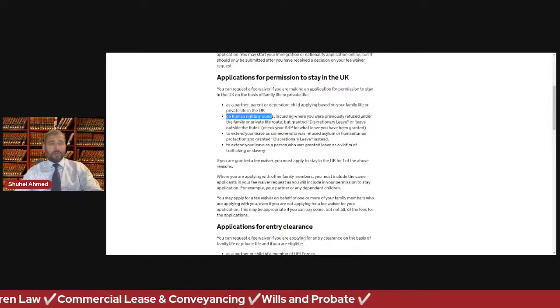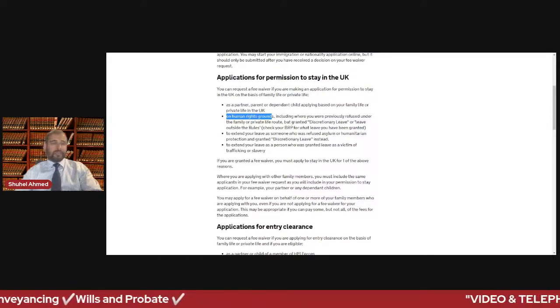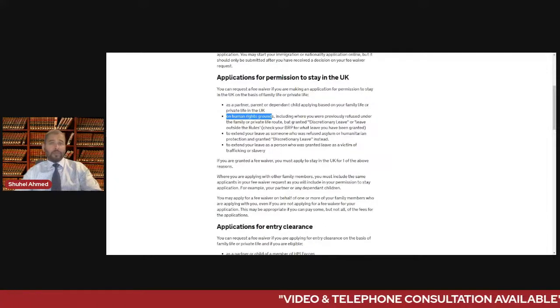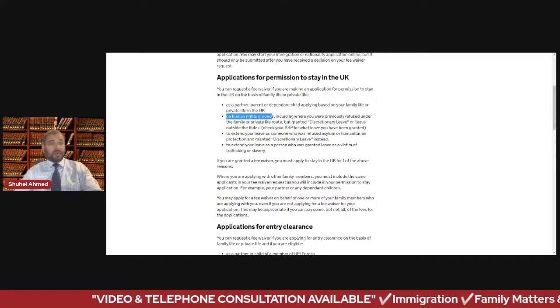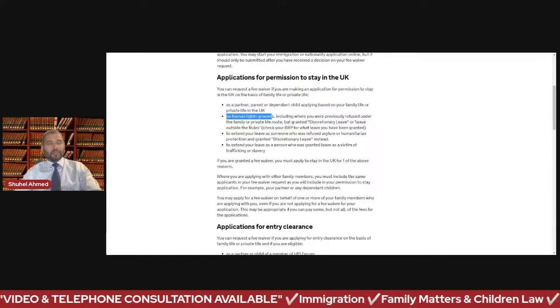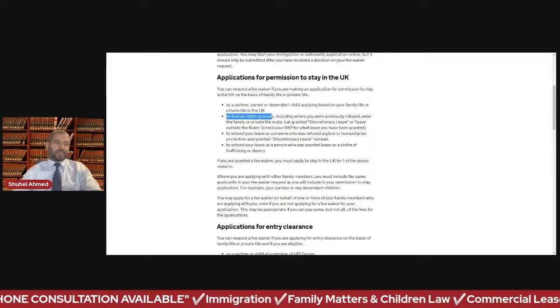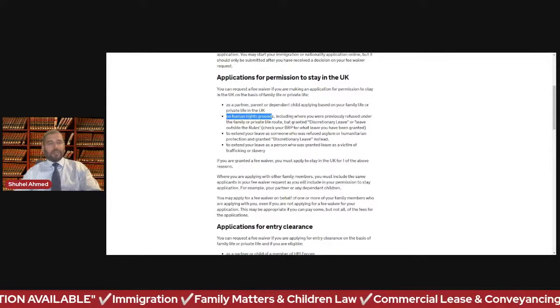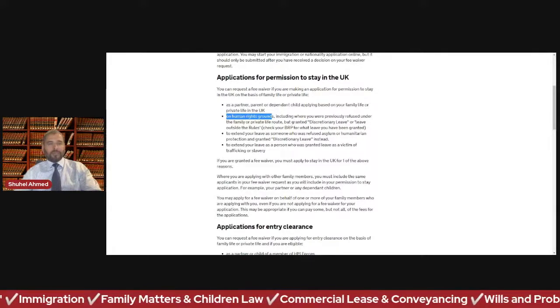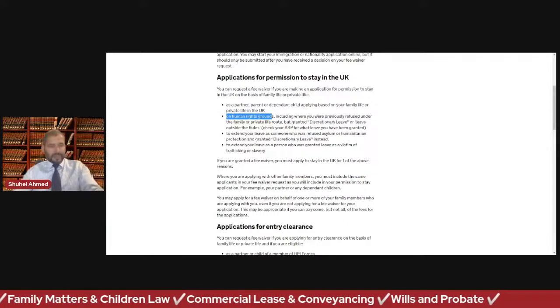For example, if you are gay, you will face serious trouble on return to your home country. If you are from a Muslim country, from Bangladesh, Pakistan, an Arab country, you can use Article 3 to make a human rights application rather than run for asylum.